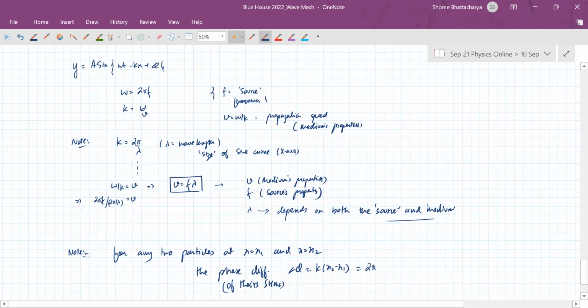So it is 2 pi by lambda into delta x. So just make a note up to this point, then we'll discuss more about this. There is an important relationship between delta x and lambda, which tells us about the phase difference between two particles.